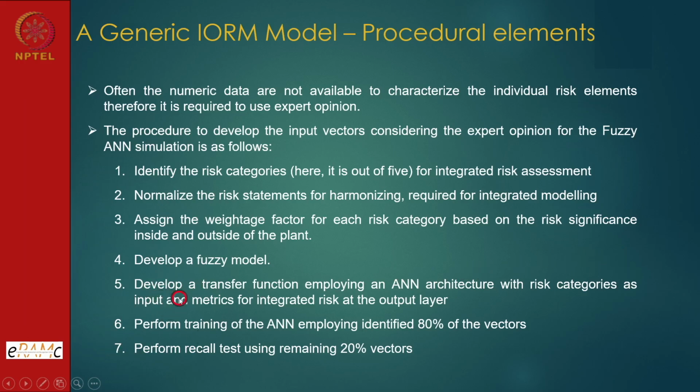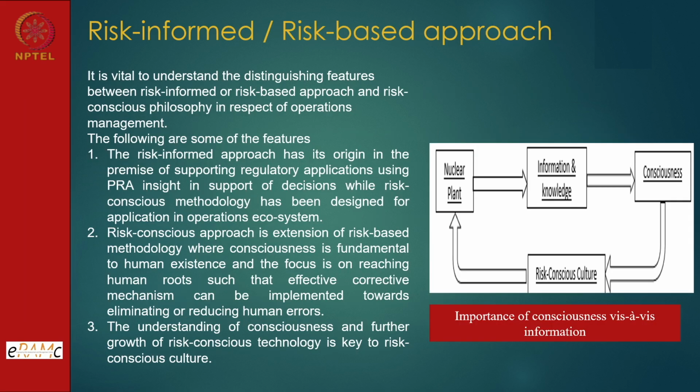After all, it is a mathematical algorithm actually. Perform training of ANN employing 80% of the vector. Whatever data we have, we use 80% for training, and the other 20% for recall test. That means a new pattern is presented to ANN, and we try to see the response. That tells us how well we are able to model the procedure.